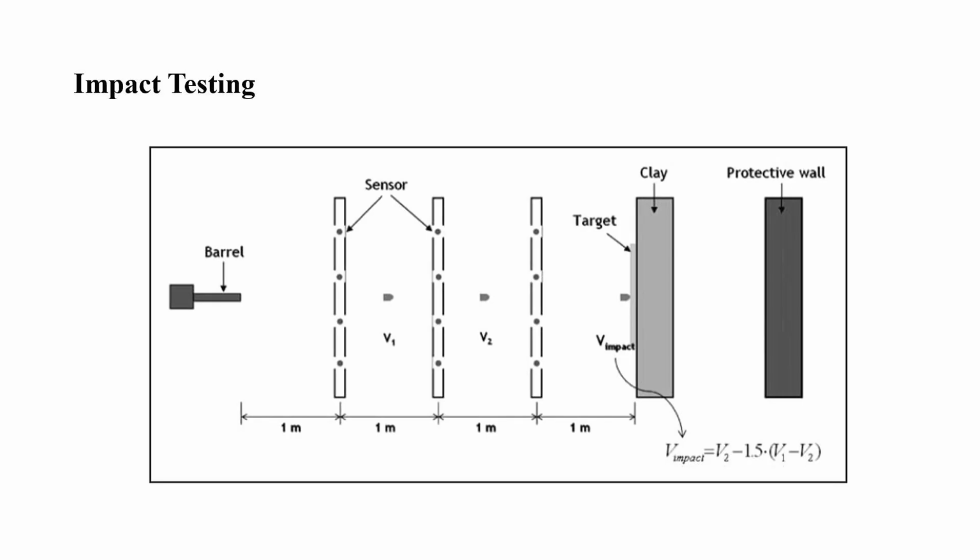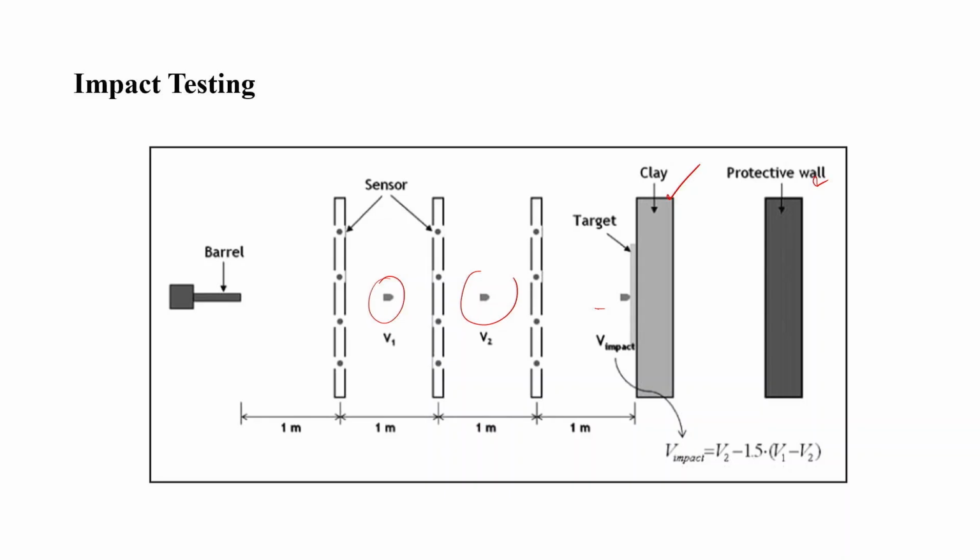Now, this is the impact test. As per the standard, the distance of the sensors is kept, so we can calculate the velocity of the bullet. There is a target, the specimen, and behind the specimen there is clay, a backing material, kept to measure the back face signature, and there will be a protective wall.